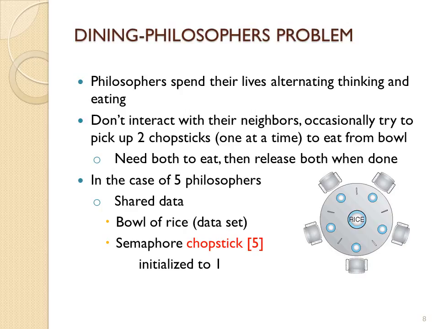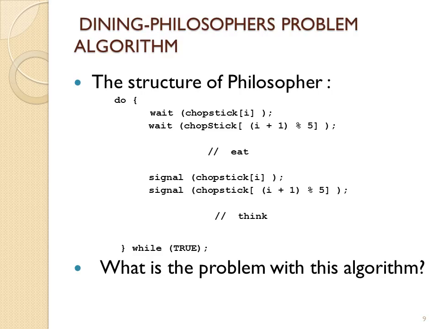So each philosopher in the semaphore solution to the Dining-Philosophers problem must pick up both chopsticks in order to get into that critical rice and start eating the rice. So here's a semaphore solution for the Dining-Philosophers. For example, if the philosopher goes to pick up one chopstick, and then it's mod 5, so it picks up the other chopstick.